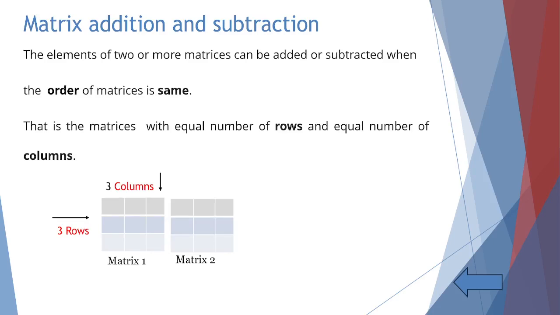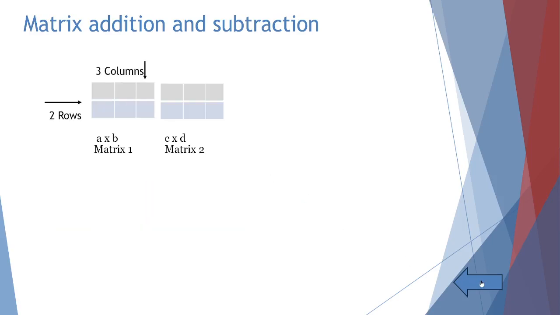For example, matrix 1 has 3 rows, 3 columns, and matrix 2 also has 3 rows and 3 columns. Then either addition or subtraction is possible. The second example: matrix 1 is an A by B matrix, A is 2 rows, B is 3 columns.